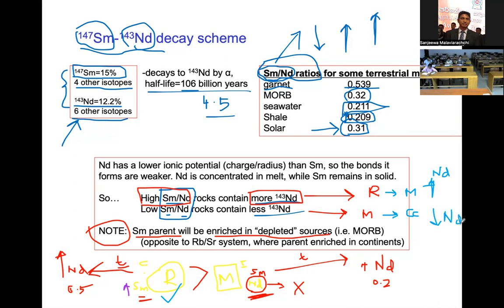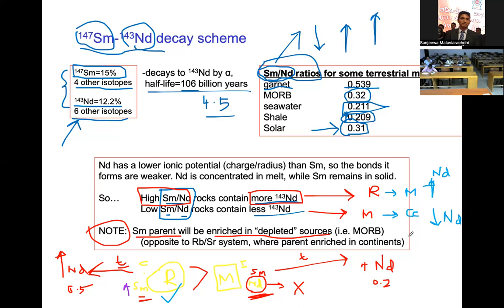Okay, right, this thing you have to keep in mind. So continental crust, being enriched in incompatible elements, yet has a low neodymium isotopic composition compared to the residue or the mantle.